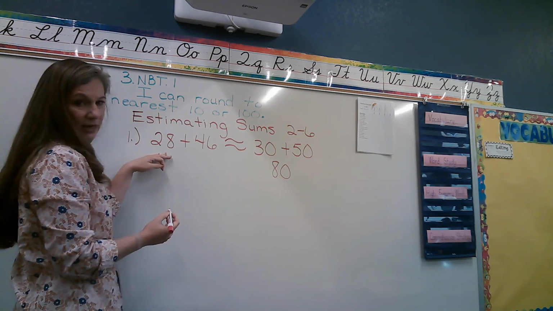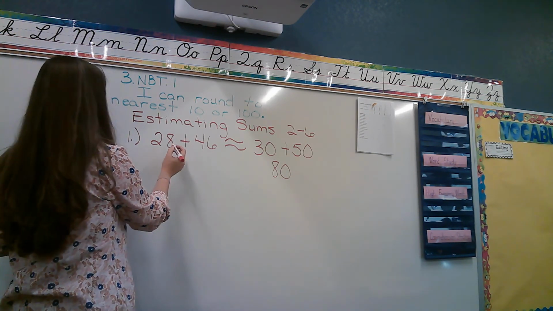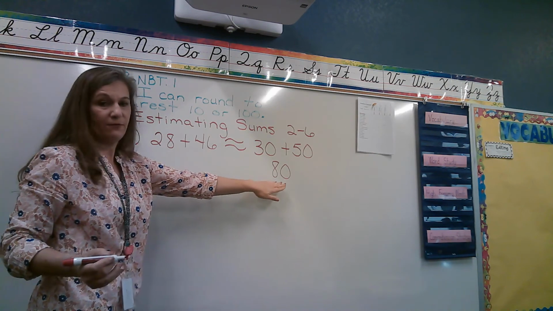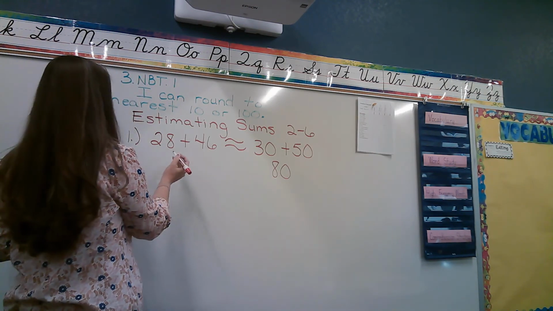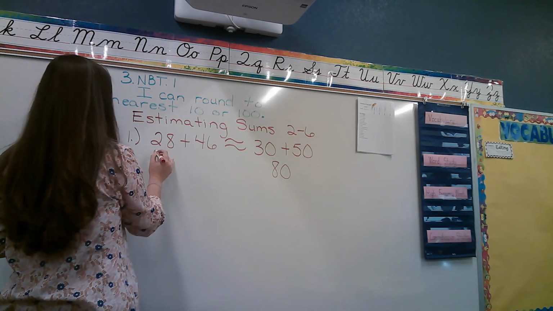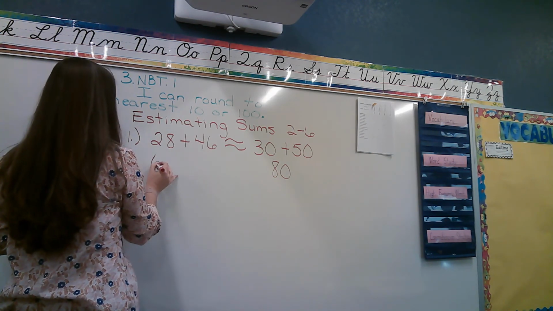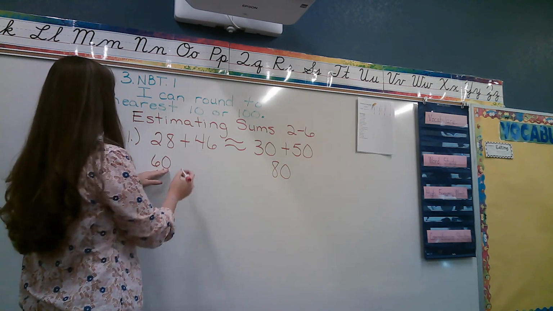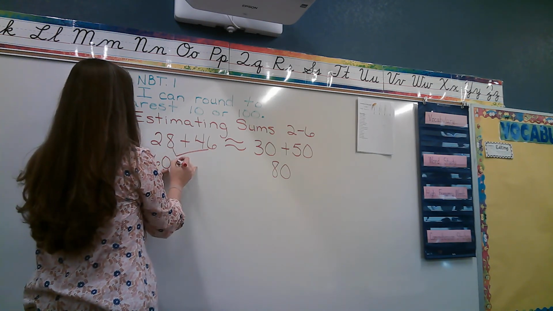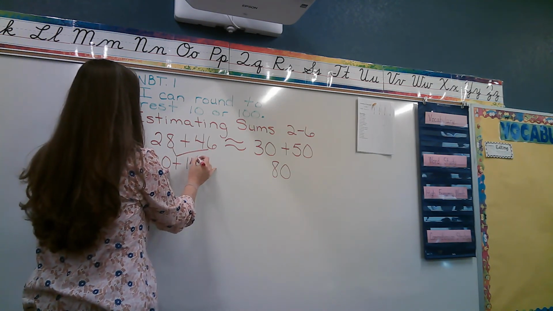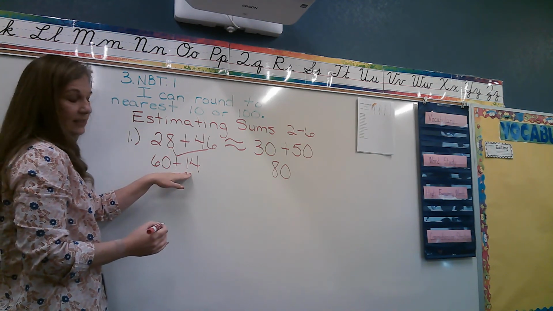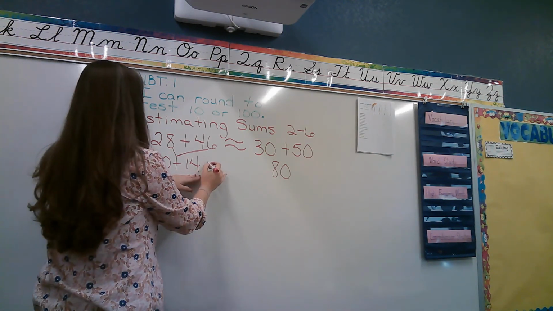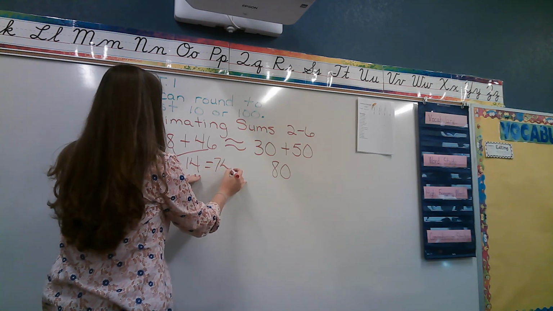Now we can take 28 and 46 and add them together and see if that sum is about or close to that rounded amount. 20 and 40 is 60, and 8 and 6 is 14. When we add the 60 and the 10, that's 70, and 4 more is 74.